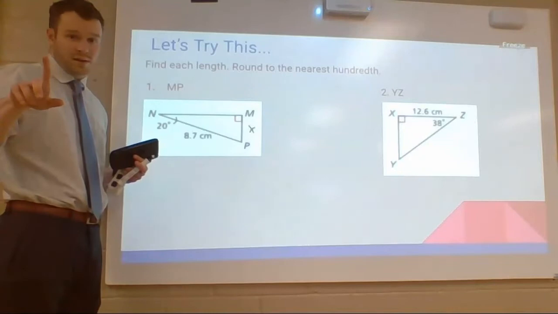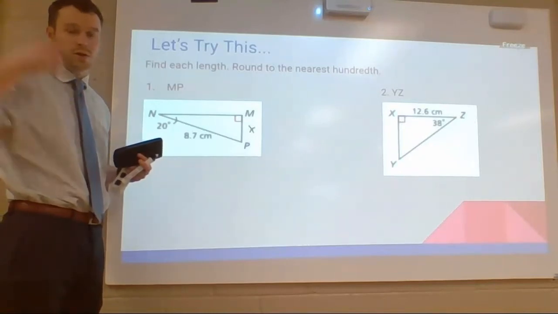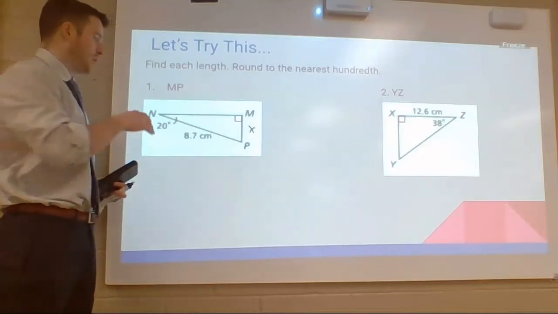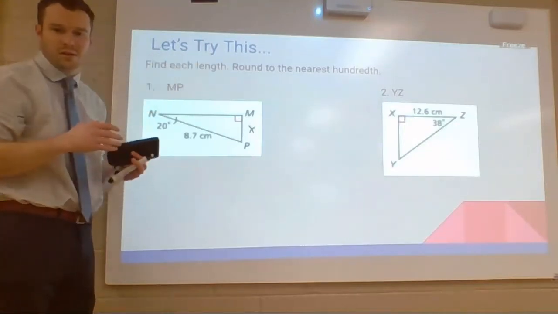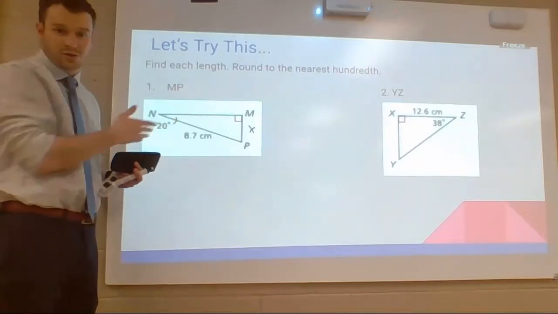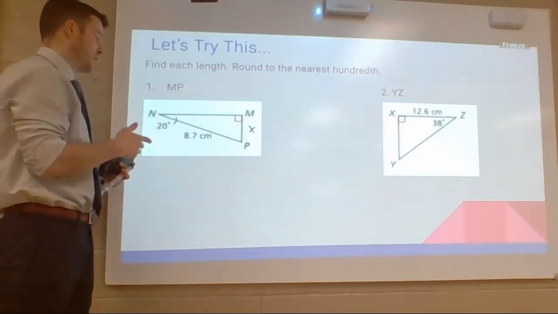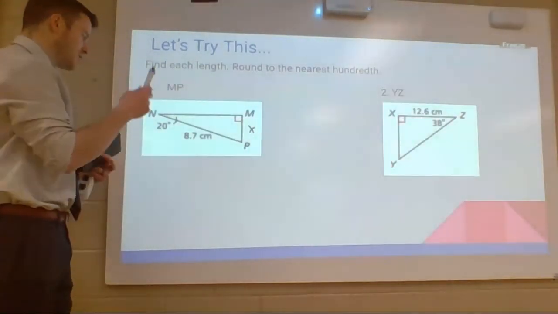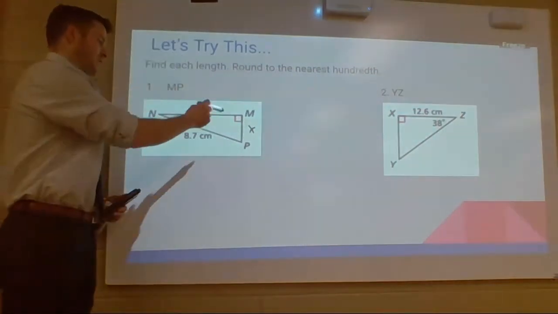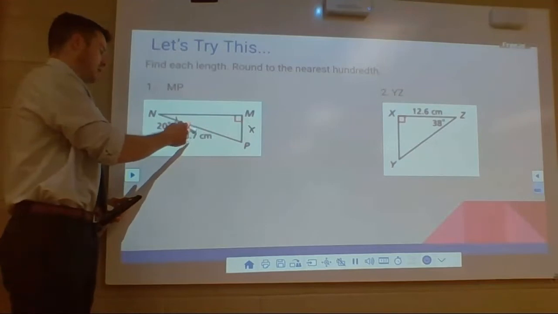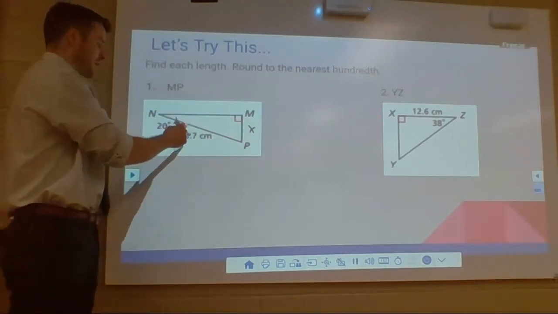We only needed one side length because we knew the angles, and we could use the tricks that we had learned to find the other side lengths. Well, now we don't need it to be a 30, 60, 90 or a 45, 45, 90. It can be any right triangle, and we're going to be able to find the length of any of the sides. So, again, we're trying to find MP. We know that angle N is 20 degrees, and NP is 8.7 centimeters.